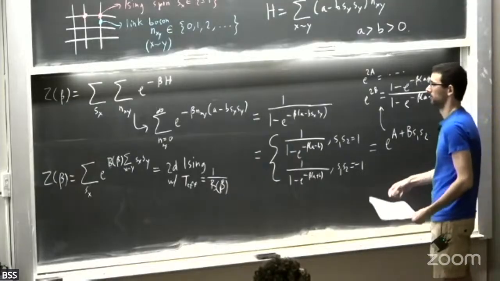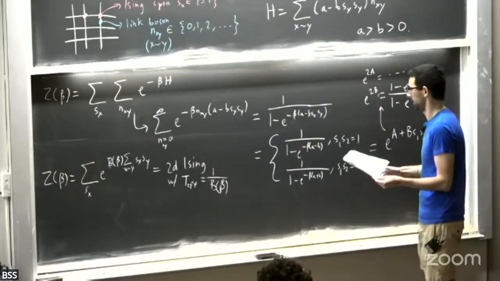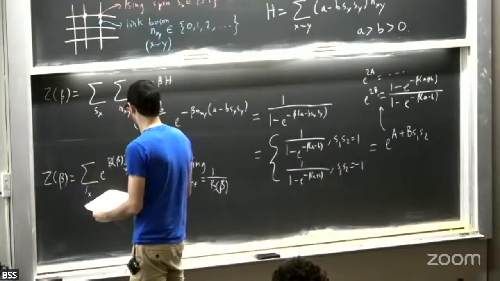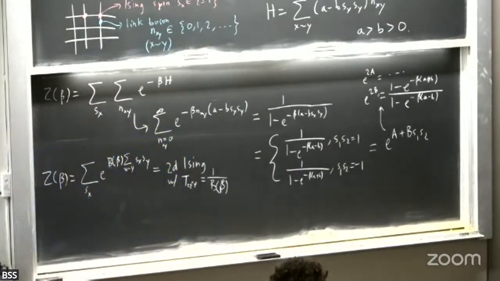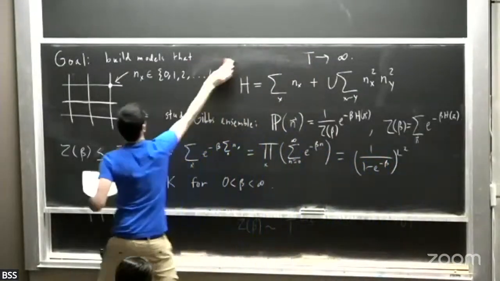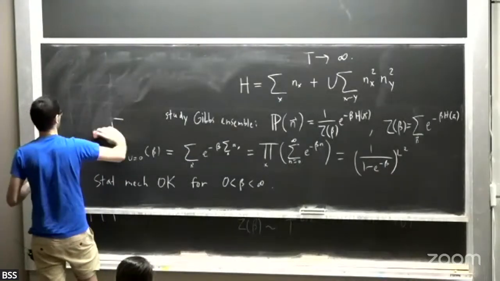And now, if we just look at this function B, it is actually decreasing as beta increases.